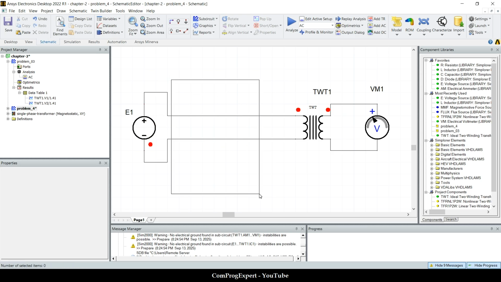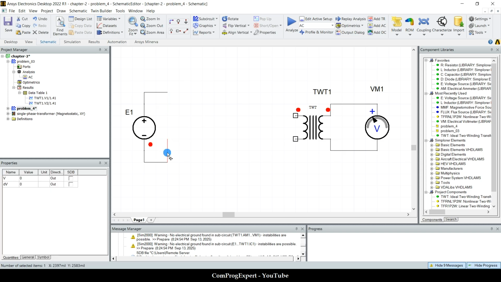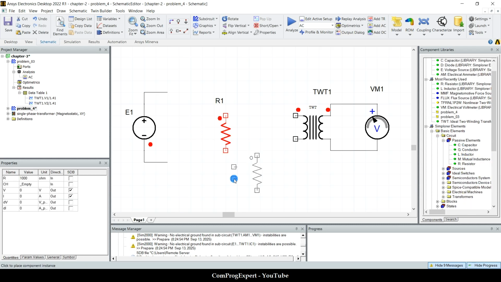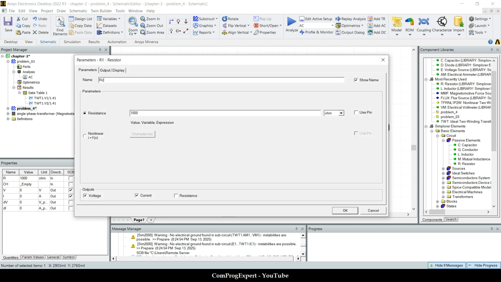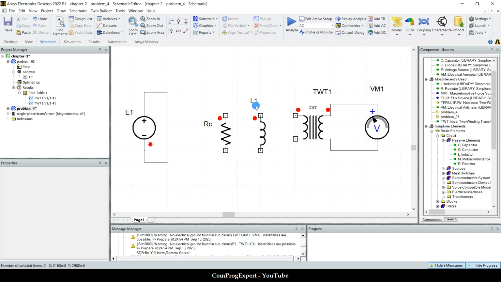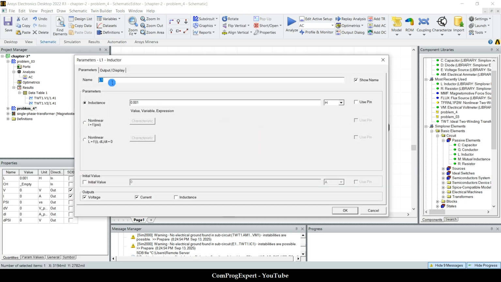We consider this an ideal transformer, and I am just going to add two elements: a resistor to model the core loss, this is RC, and let's add one inductor to model the value of the magnetizing current.